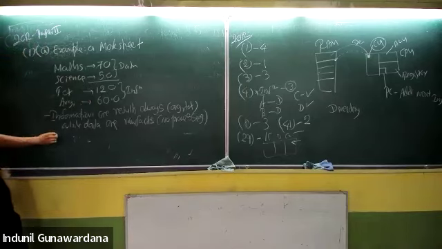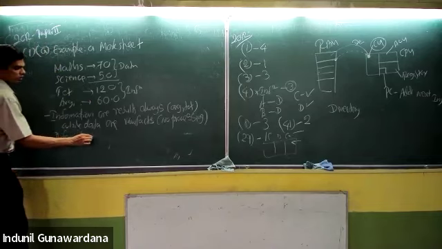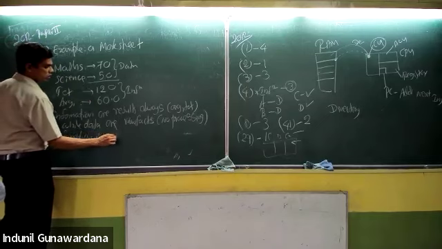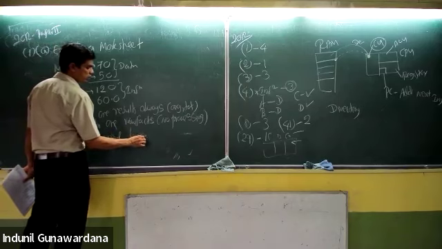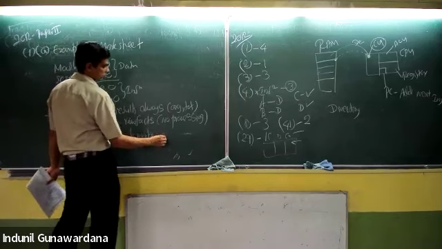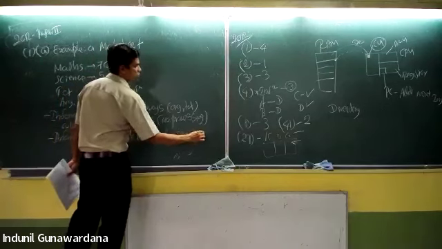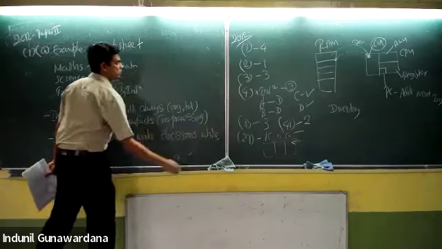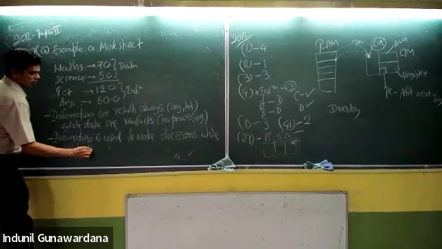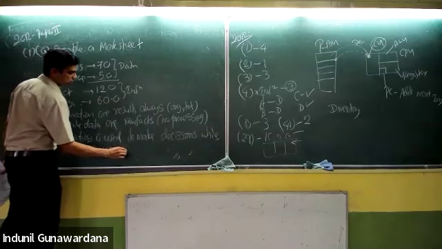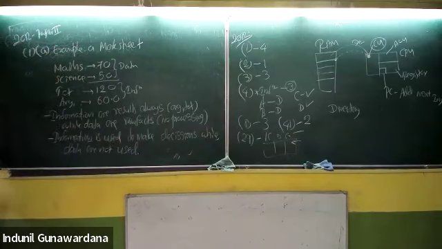Then we can say that information is used to make decisions while data are not used. While the data are not used.